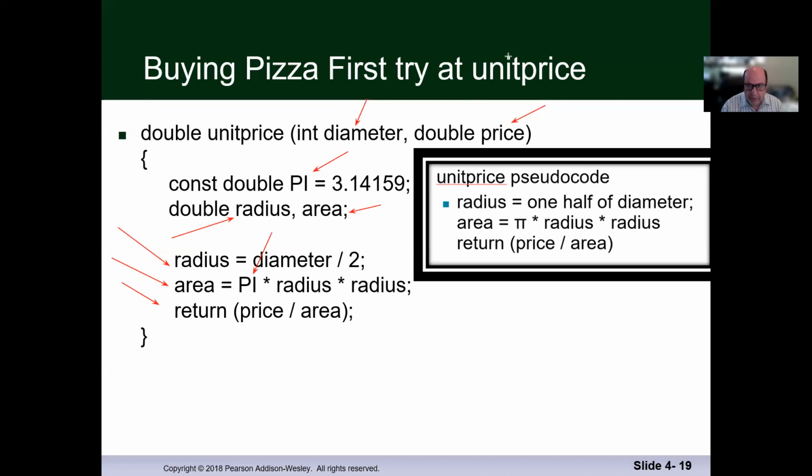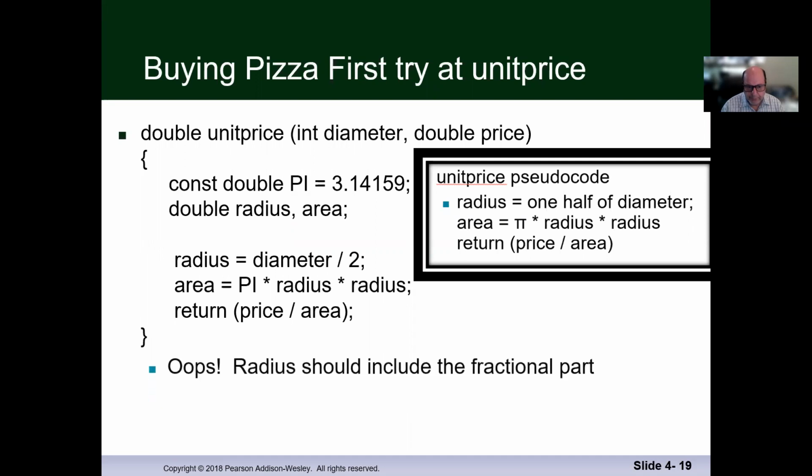Now, remember what I have been saying all along. What is going to be the problem with this? If I write it like this, what's going to be the problem? So diameter is an integer.